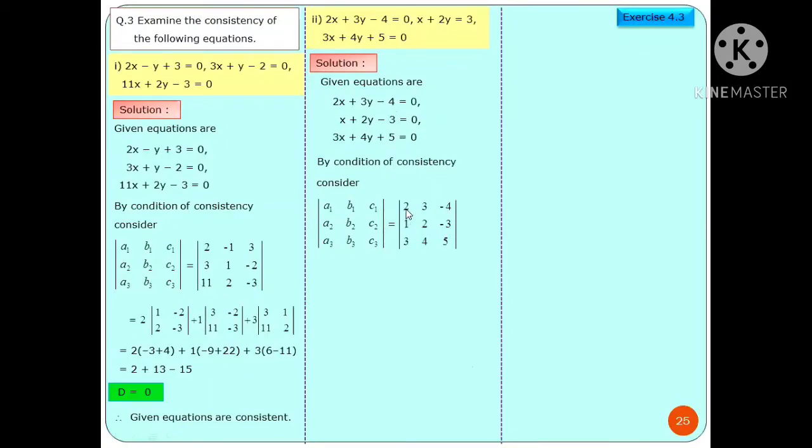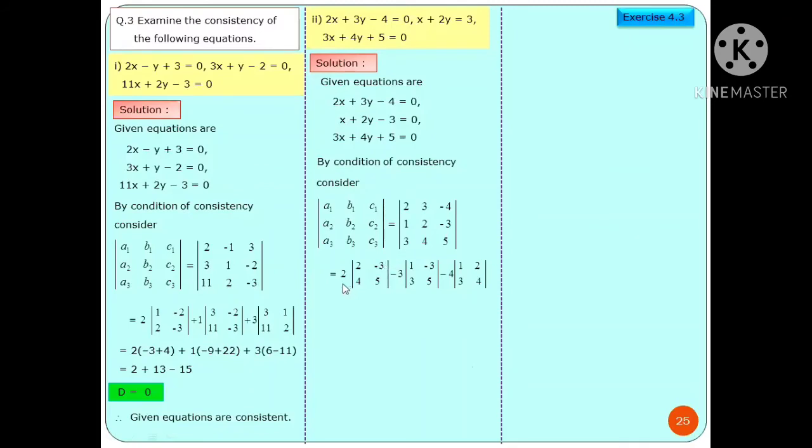Solving along the first row with alternating plus signs, the determinant is 2 times the determinant of 2, minus 3, 4, 5, minus 3 times the determinant of 1, minus 3, 3 and 5, and last minus 4 times the determinant of 1, 2, 3, 4.